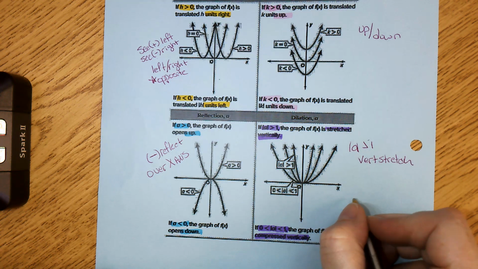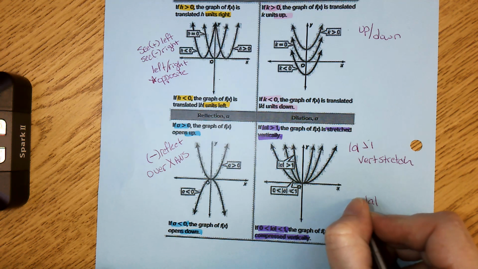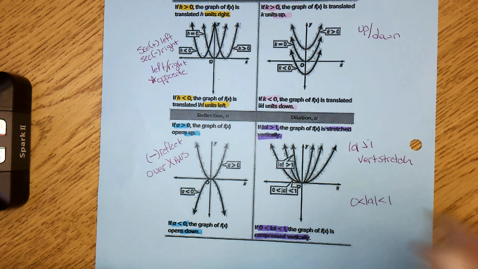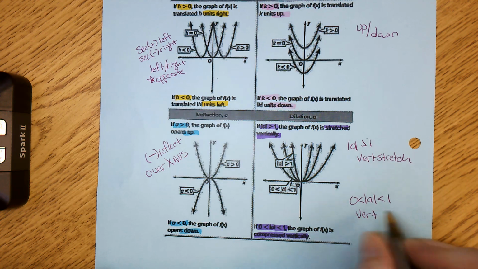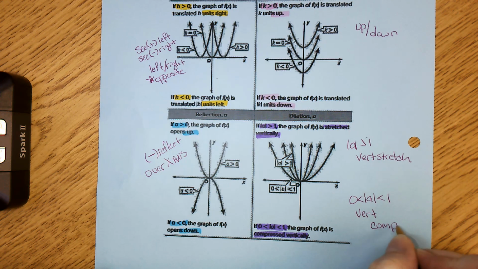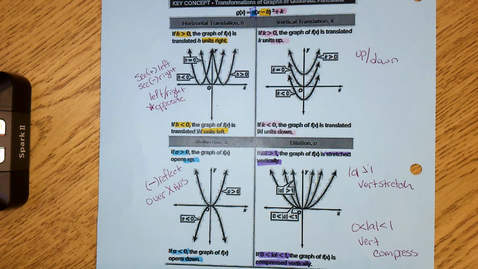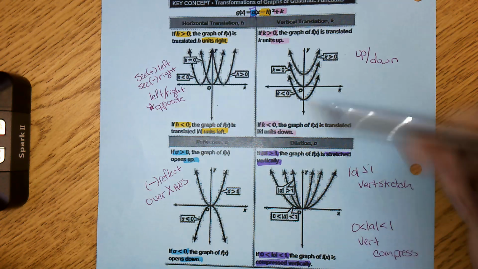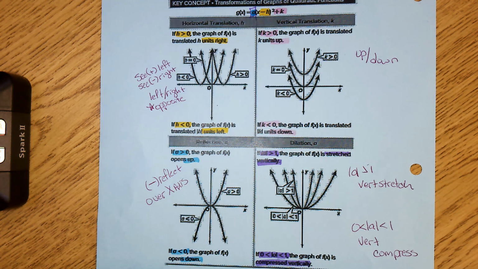Okay, if the absolute value of A is a fraction that is less than 1, it is a vertical compress. And again, the A is outside the parentheses, so it is not affecting the x, it's affecting the y, hence the vertical. Okay?